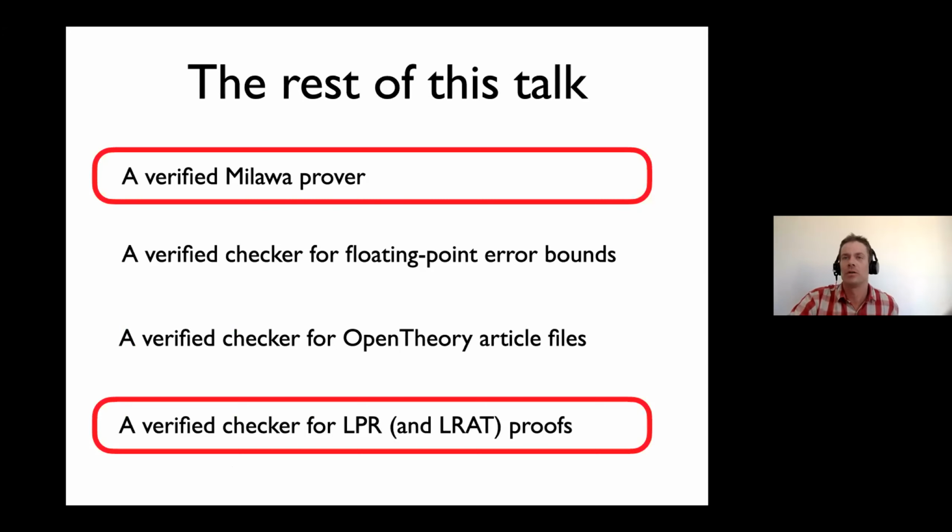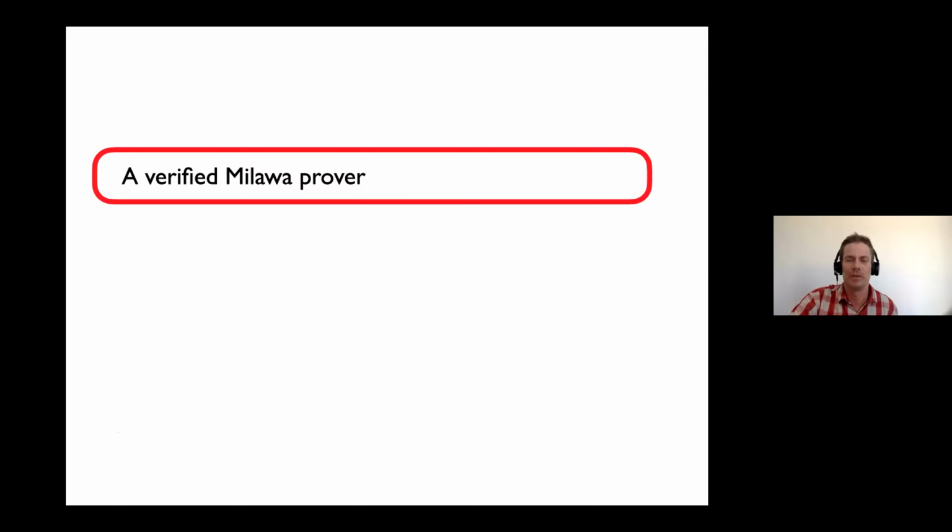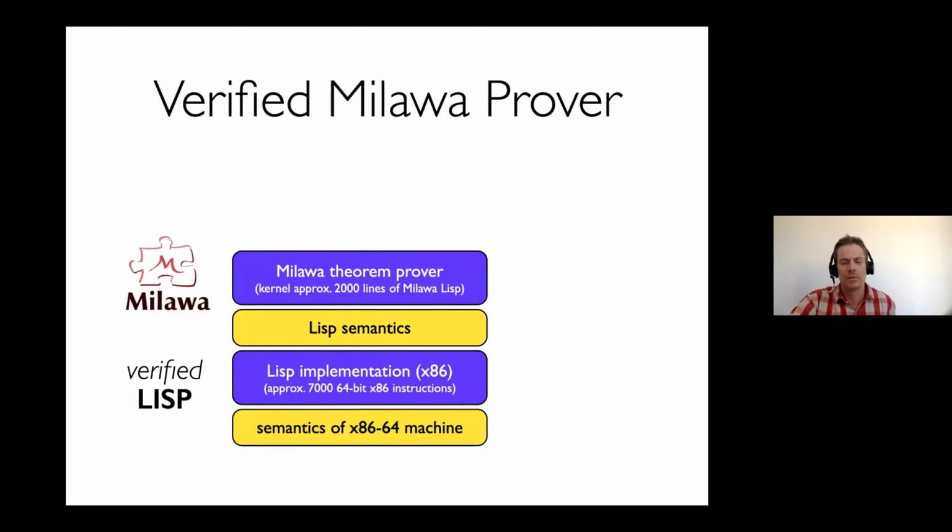Let's start with this Milawa prover, which is maybe not your conventional checker. I'll get to the logic in a moment, but the core of the Milawa prover is 2,000 lines of Milawa Lisp code.